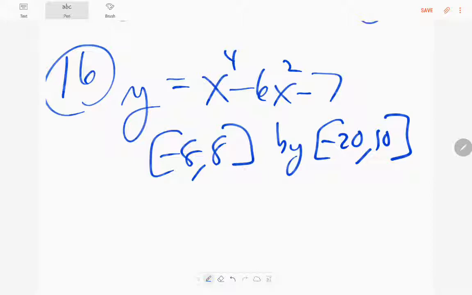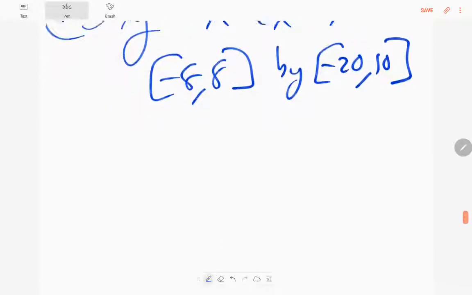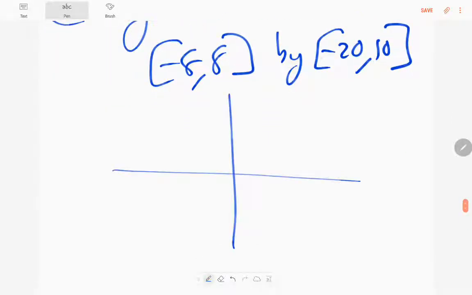So let me input it. And I'll show you what my calculator gives me. It gives me something that looks like this.